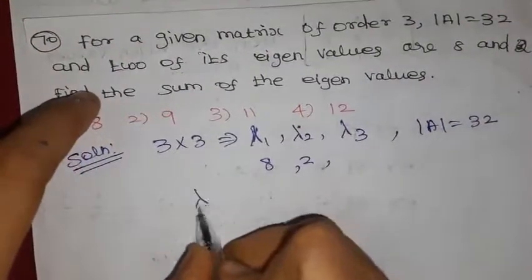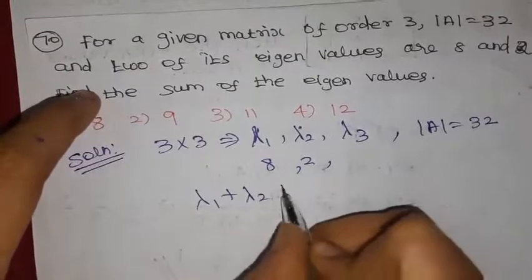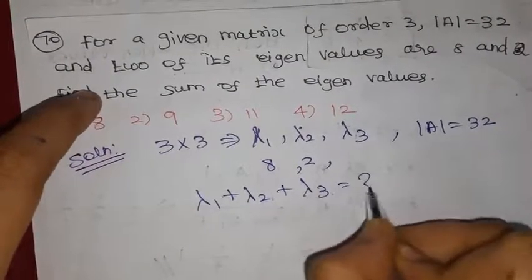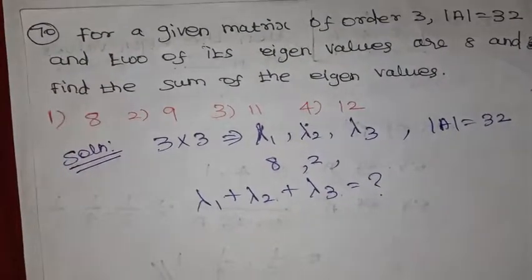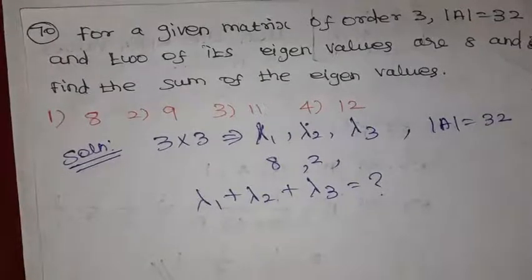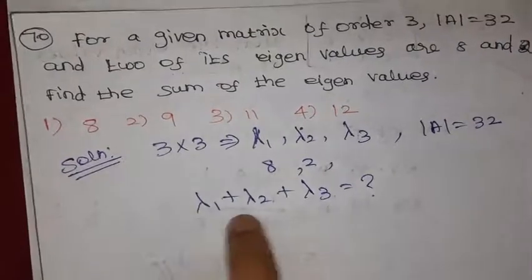We should be very careful about what is being asked: the sum of the eigenvalues. First we need to find the third eigenvalue, then we will find the sum.